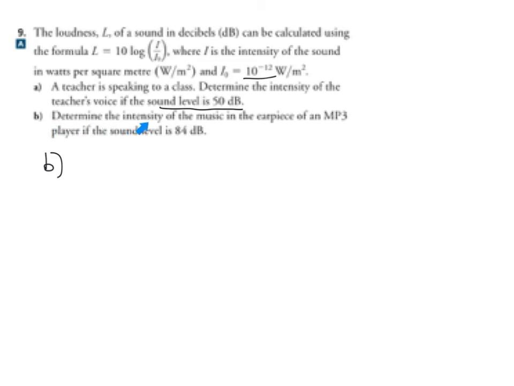So part B, determine the intensity of the music in the earpiece of an MP3 player if the sound level is 84 decibels. So we're saying 84 is equal to 10 times the log of I over 10 to the negative 12.